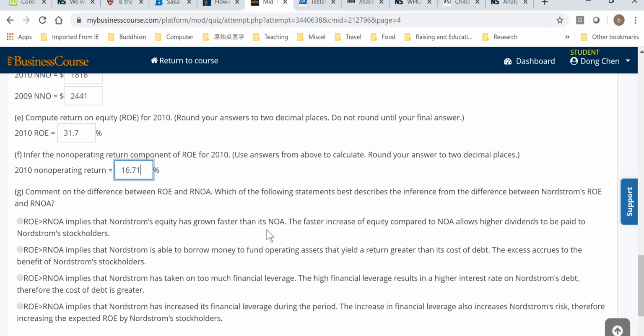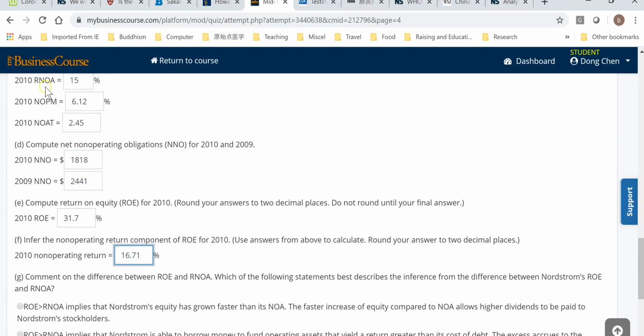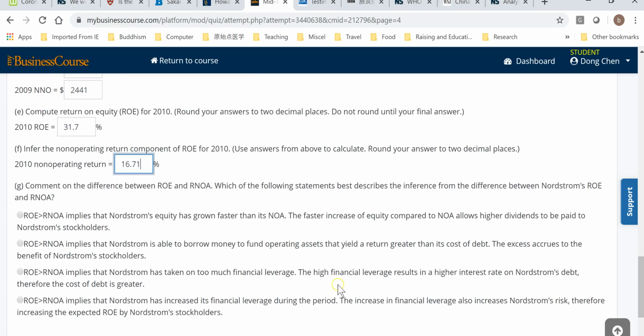So when the return from the firm's operations turns out to be higher than its cost of borrowing, then that non-operating part of the firm is generating returns for the firm's shareholders, and that's why this ROE turns out to be higher than the return on the net operating asset, because this is the part of the return generated from the major operations of the firm, right? So that's the reason.